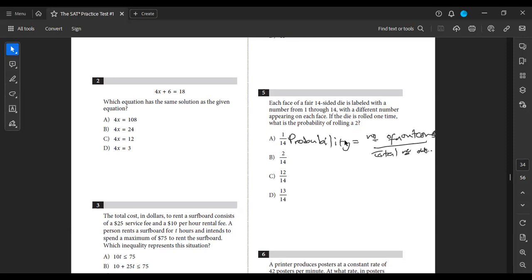There's only one 2, because there's 1, 2, 3, 4, all the way up to 14, and each side has a different number. So we can only roll a 2 once, but then there are 14 total outcomes. It could have been 1, it could have been 3, it could have been any number. So our answer is just 1 over 14, which is A.